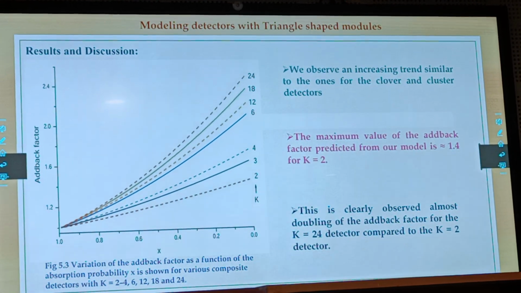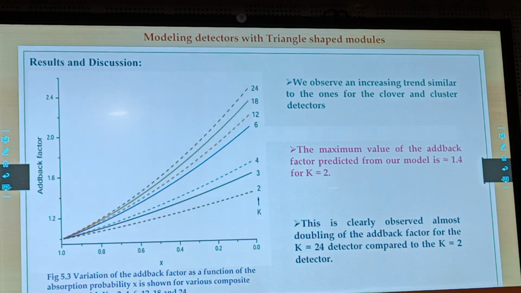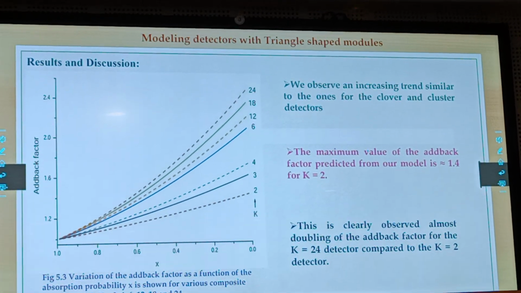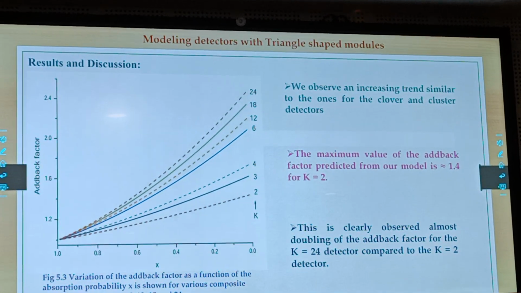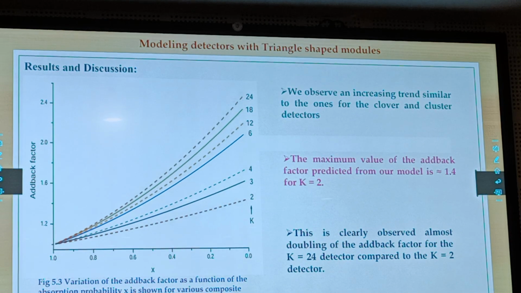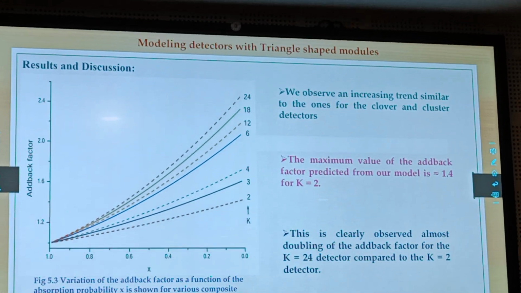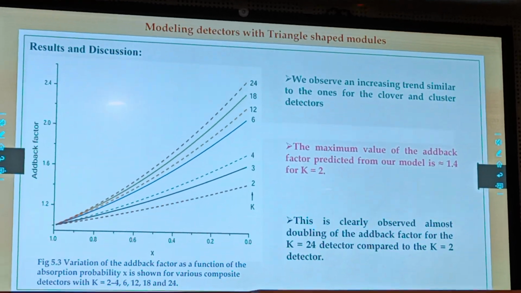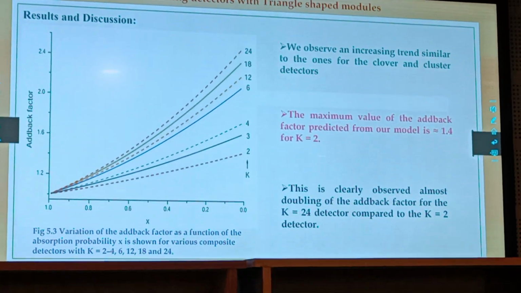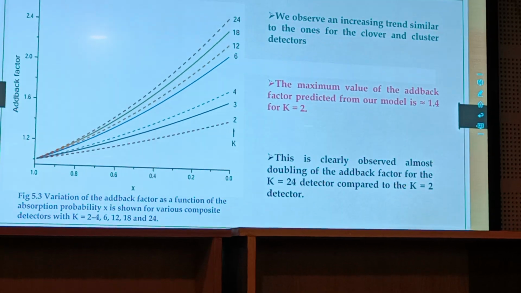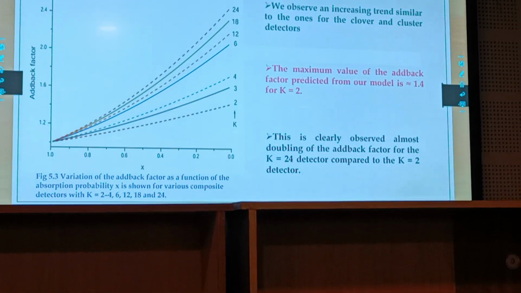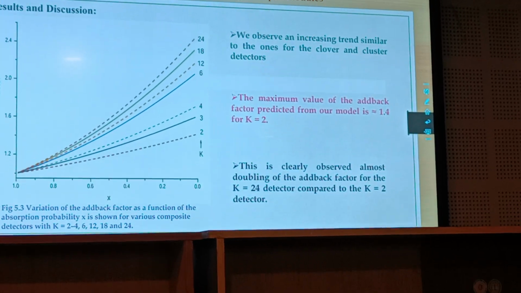This clearly shows almost doubling of the add-back factor for the k equal to 24 detector compared to the k equal to 2 detector. So as the detector number increases, the value of the add-back factor also increases, and when k is equal to 24, it gives double the add-back factor we get from k equal to 2.